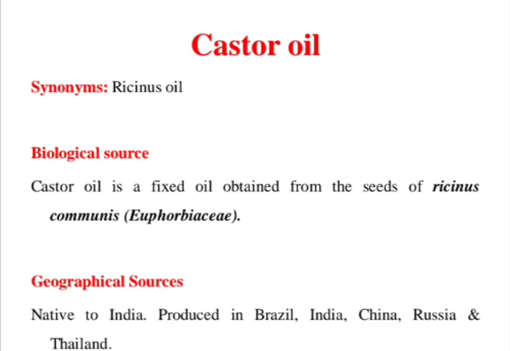Biological source: castor oil is a fixed oil obtained from the seeds of Ricinus communis, which comes under the family Euphorbiaceae. Geographical source: native to India, produced in Brazil, India, China, Russia and Thailand. Its synonym is Ricinus oil.